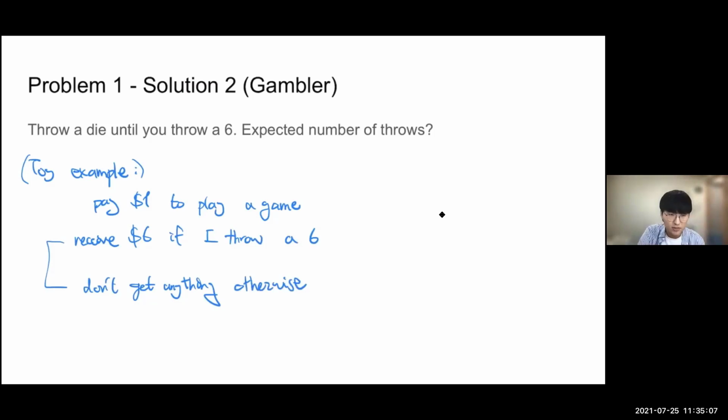What is the expected outcome of this game? It is 0, because my net outcome will be +5 with probability 1/6, and -1 with probability 5/6. So adding these will give me 0.